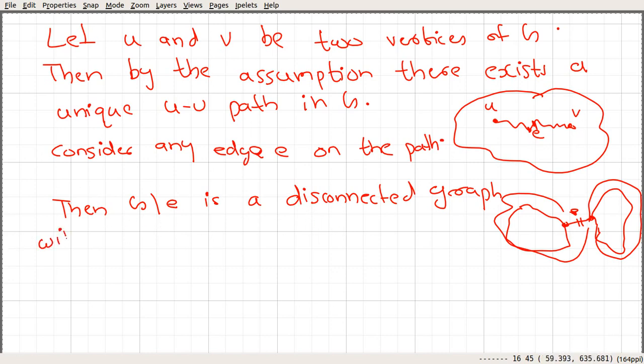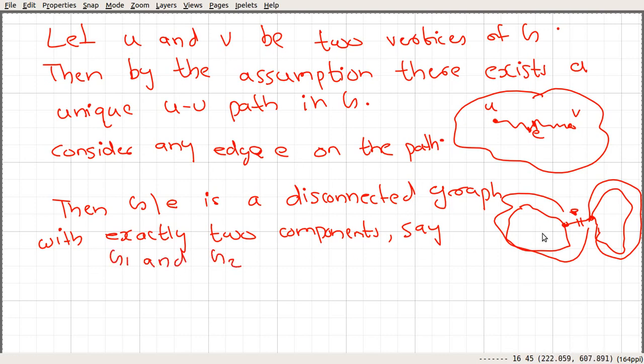With exactly two components, let them be say G1 and G2. This component is our G1 and this component is our G2.